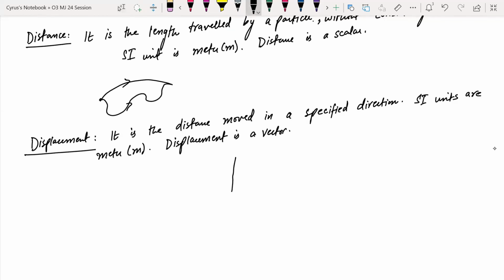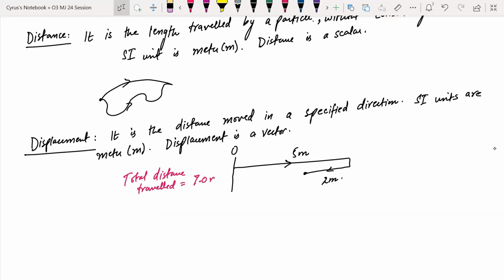I have here the object which goes from here to here, comes here, for example. It covered a distance of 5 meter here and a distance of 2 meter here. Okay, तो आप मुझे बताएं कि इसका total distance traveled कितना है? Yes, 7 meter. Total distance traveled is 7 meters.